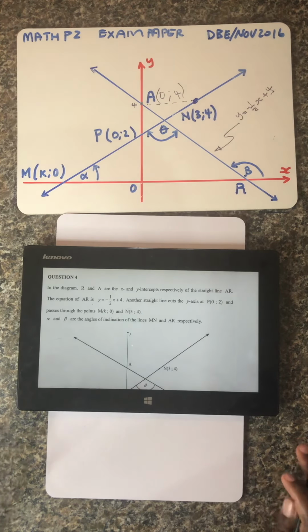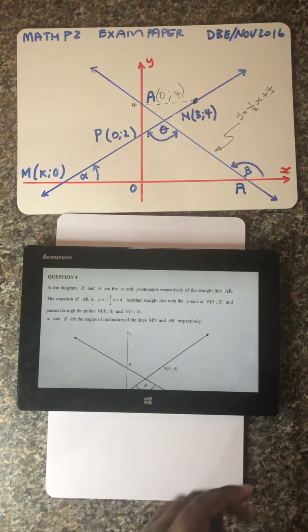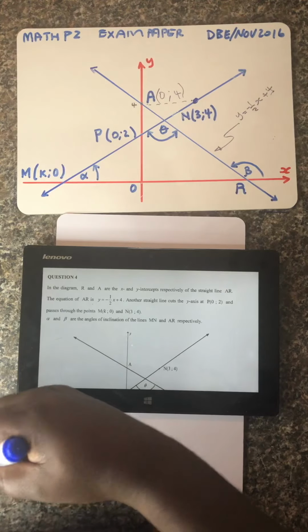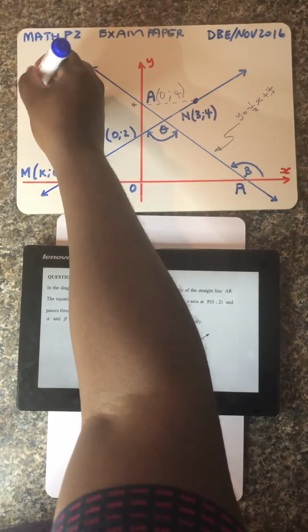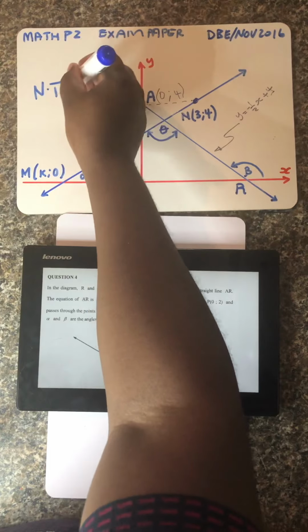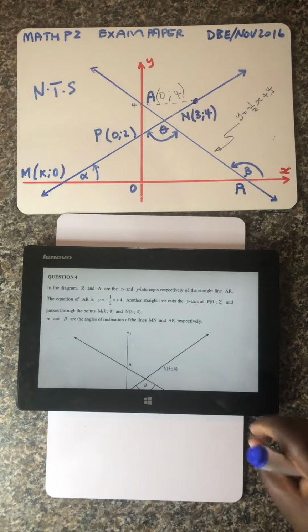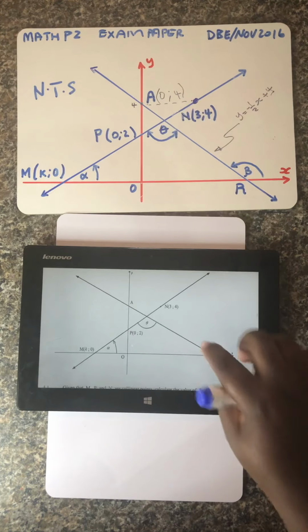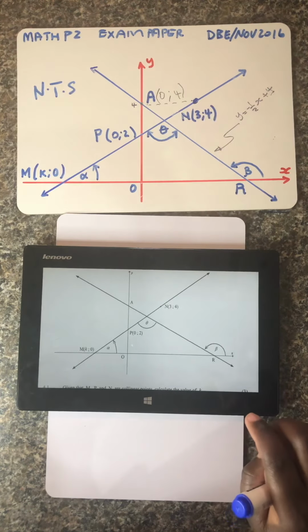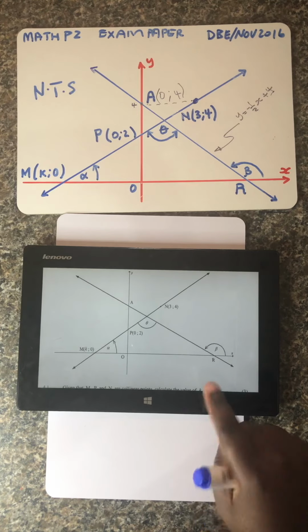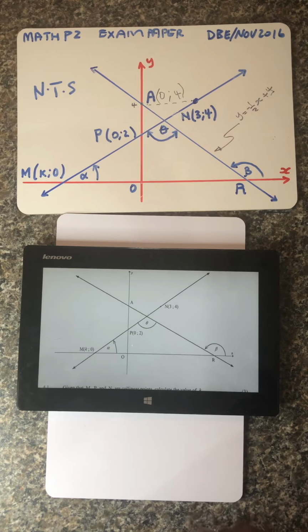But as I've indicated, this is a hand-drawn diagram. It's not to scale. It's not meant to be used to compare the level of accuracy. It's just to help us easily refer, because I'm not able to write on my tablet. But otherwise, for the sake of ensuring a high level of accuracy, you can access this question paper on my Telegram channel.